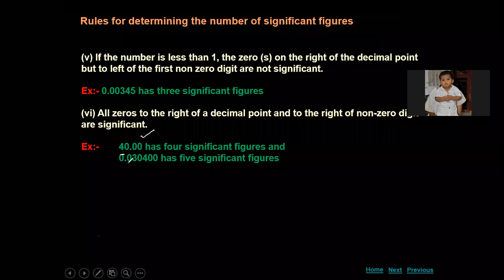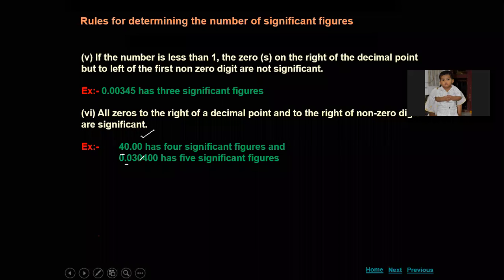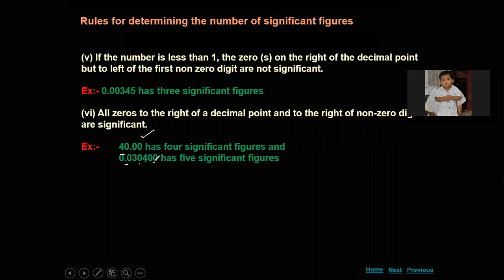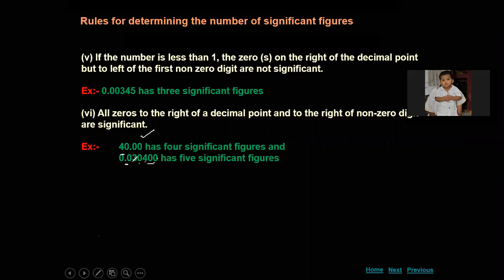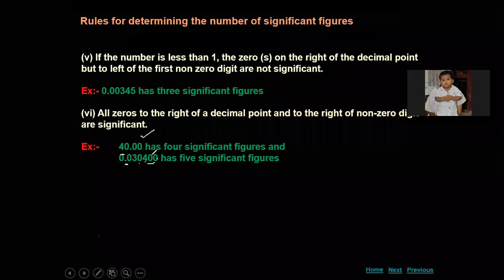Now this 0 is there after a non-zero digit, this is significant, and these two zeros are also there after a non-zero digit, so these are also significant. And we should not see that these are trailing zeros. Even though these are trailing zeros, there is a decimal here. That's the reason this becomes significant only. Now how many significant? By leaving this non-significant zero, 1, 2, 3, 4, 5, 5 significant figures are there in this given example.